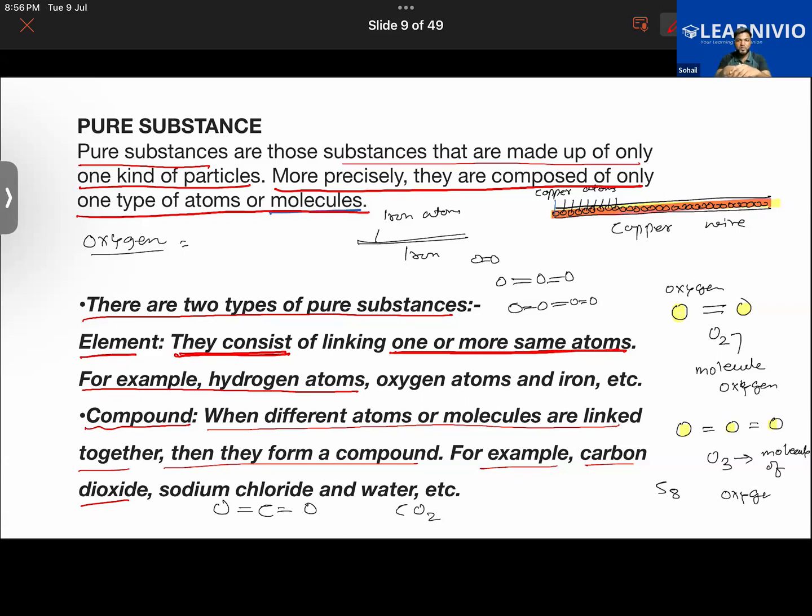Getting it now? Okay. Or there can be a mixture of two useful components, but together it can't be used. It has to be separated, then they can be used separately, right? Like seeds have to be removed from the chaff.